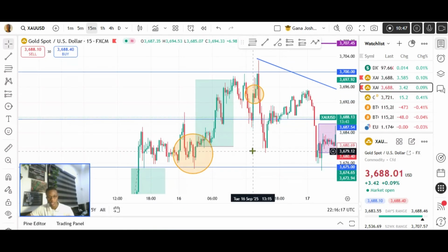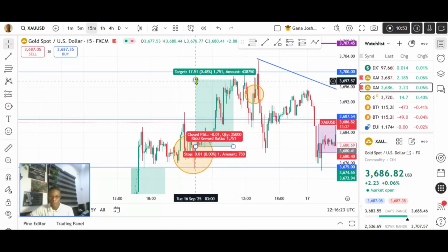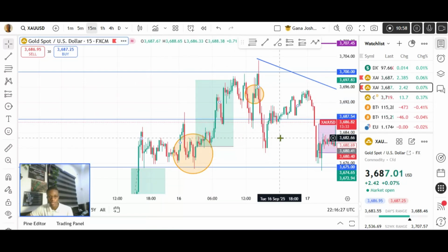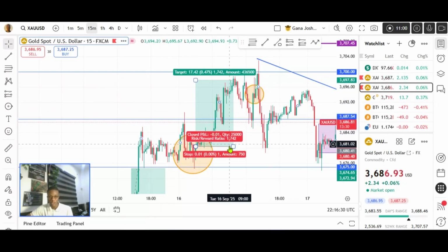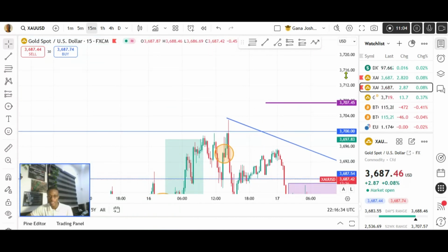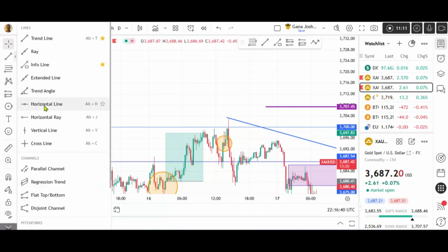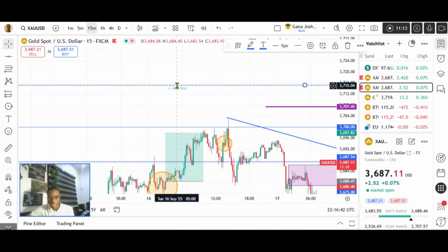So we wanted to swing the trade. We were sitting at about $1,500 profit. We were supposed to just take our profits, but what did we do? We just broke even and wanted to swing it up until this next resistance level, which is 3,725.